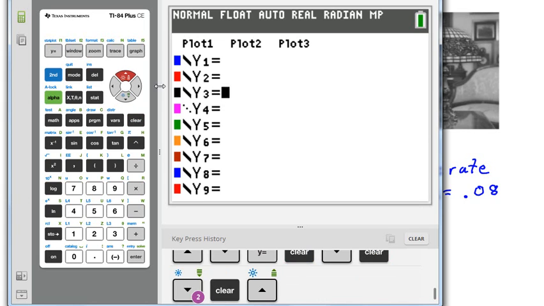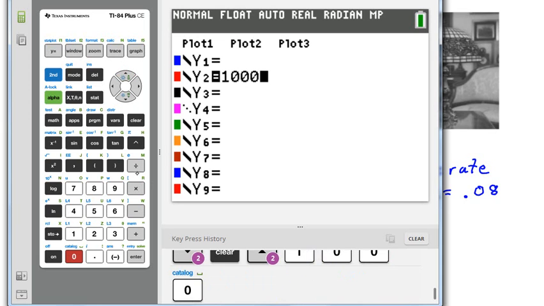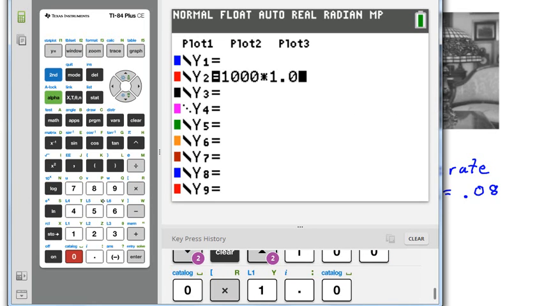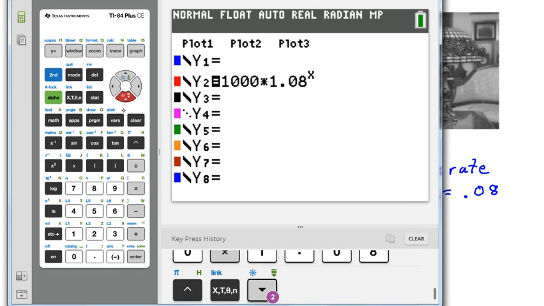Okay, back here at y2 we have 1,000 times 1.08 to the power of x, and then for y4 I'm going to put 2,000.